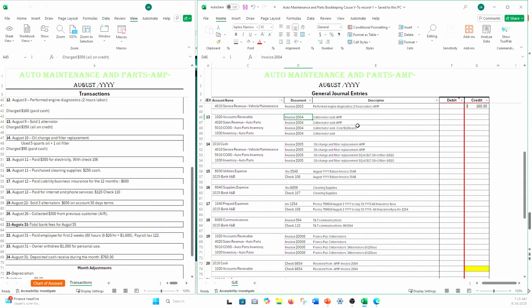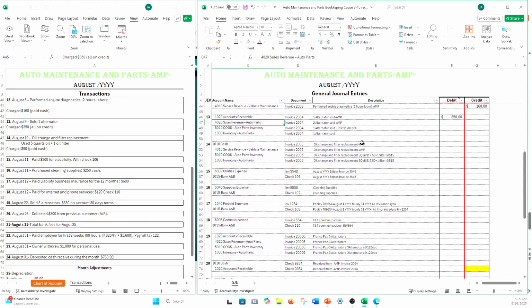So we create an invoice, 2004, and we say there is one alternator, right? So we sold that one for $350. So we charge our account receivable with $350, and the reason why we can do that is because we sold an alternator.